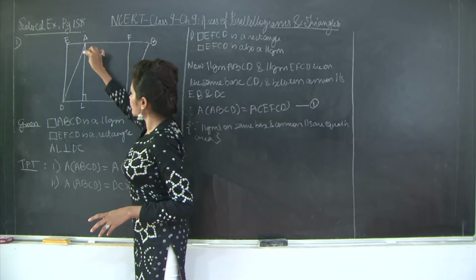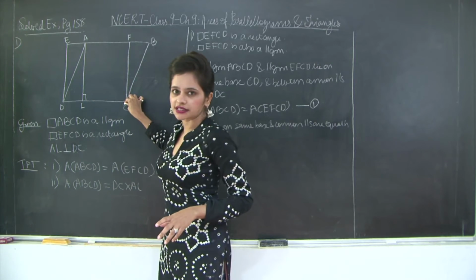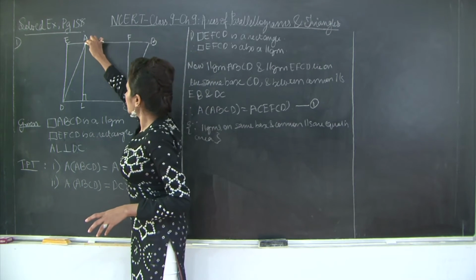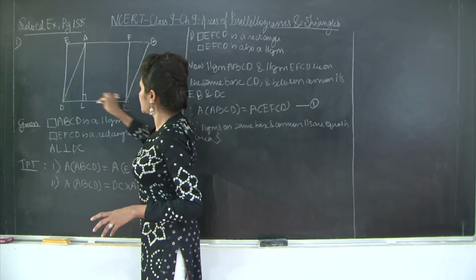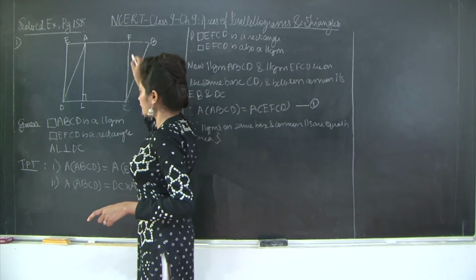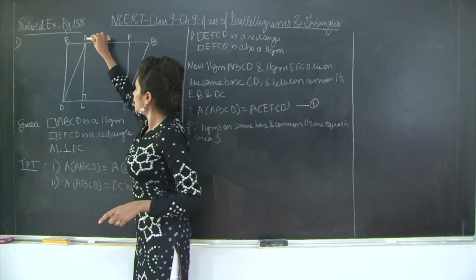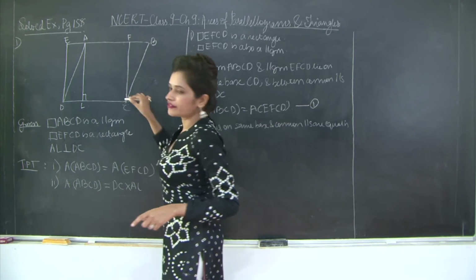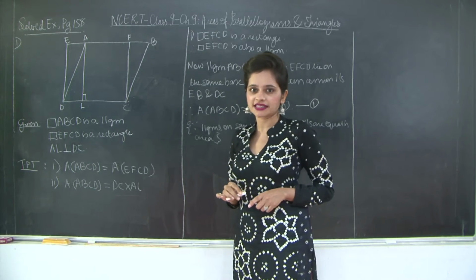But now you have AL also perpendicular to DC, which means that AFCL is also a rectangle. Now since AFCL is also a rectangle, AL is going to be equal to FC because they are the opposite sides of the rectangle.